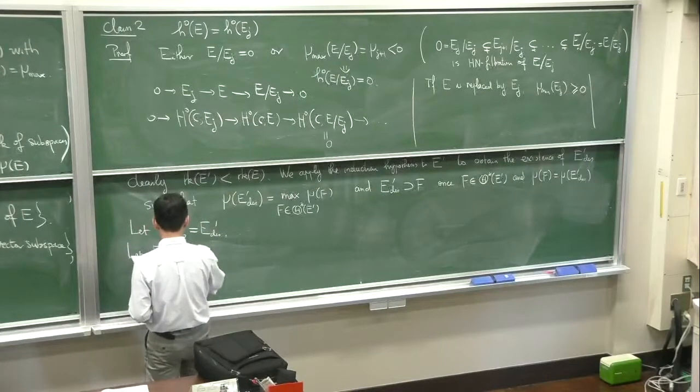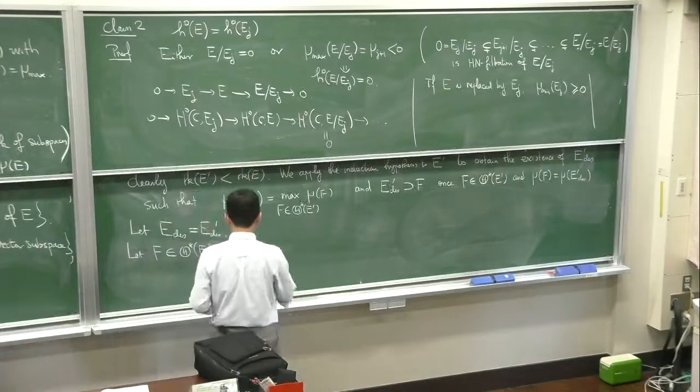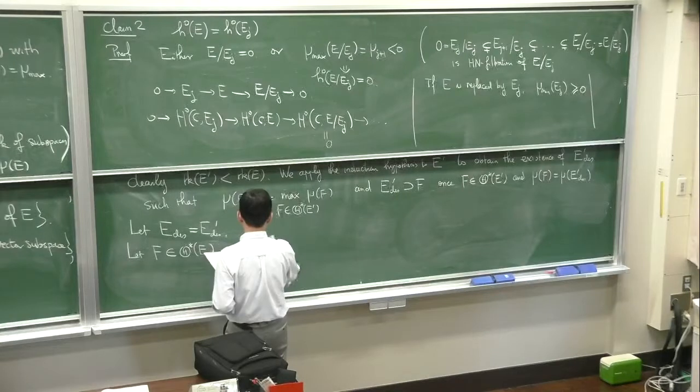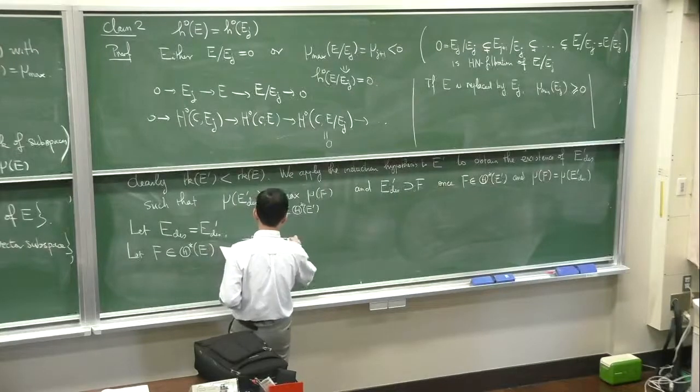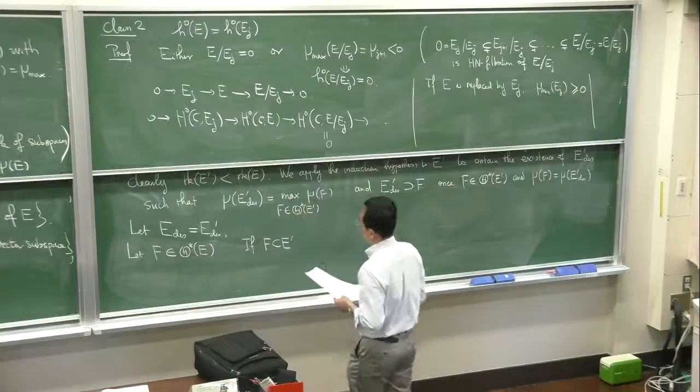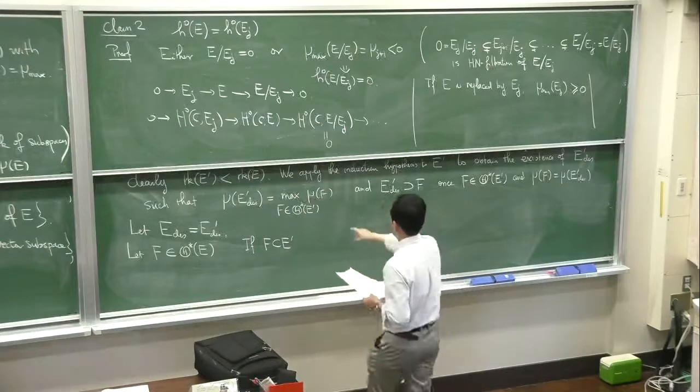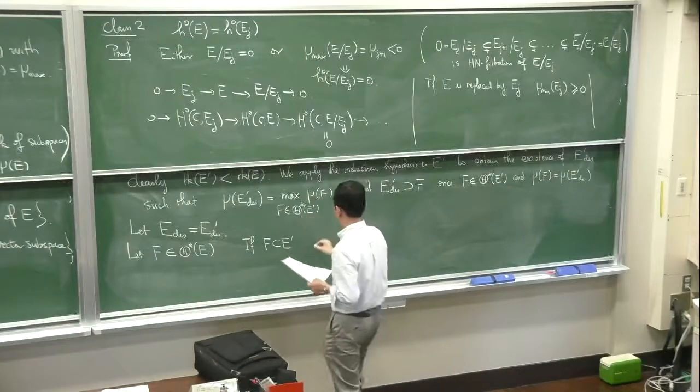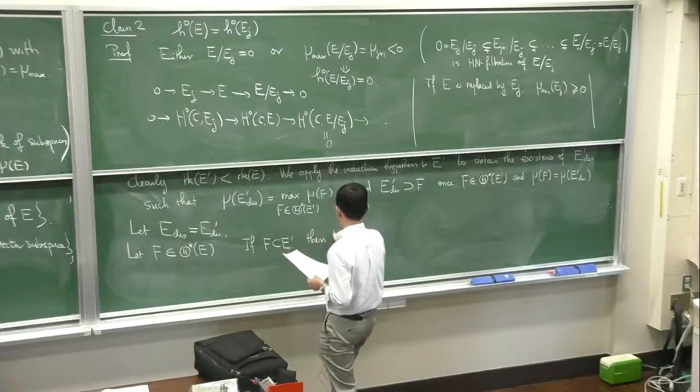So now I take some element f in theta star of E. If this f is included in E prime, then it belongs to theta star of E prime.